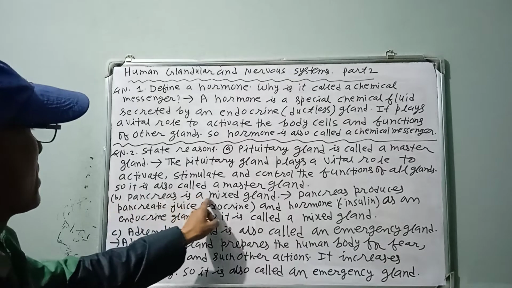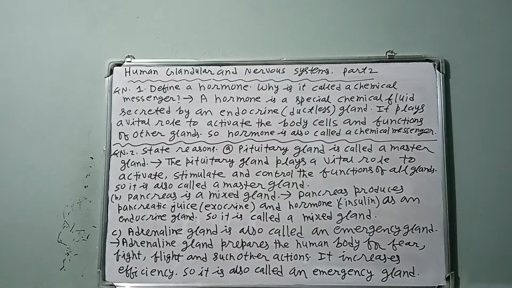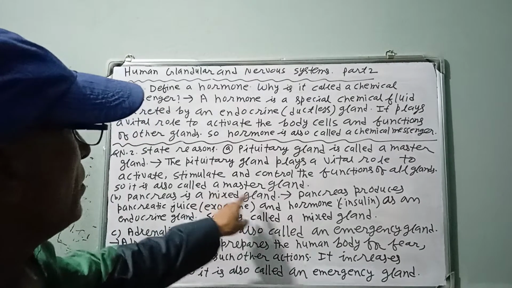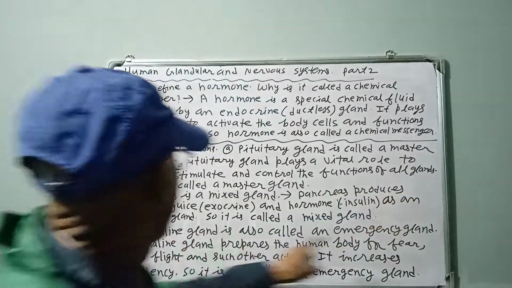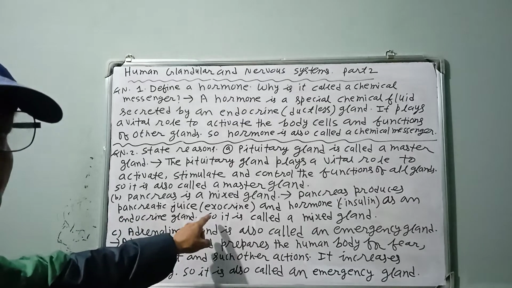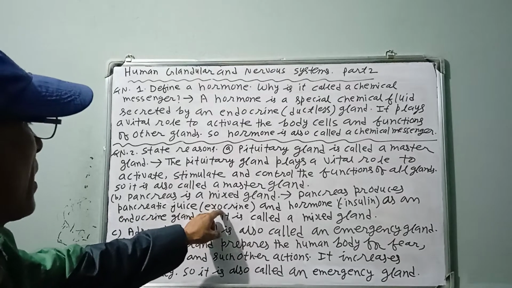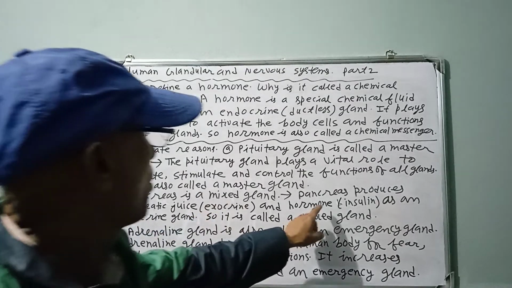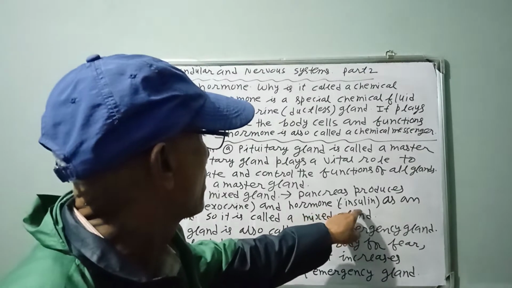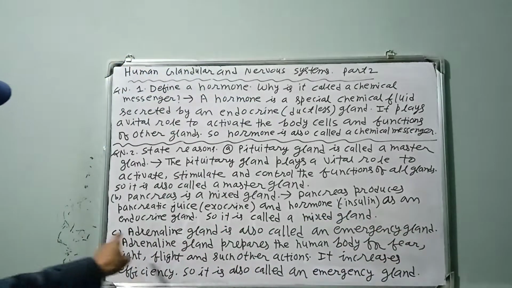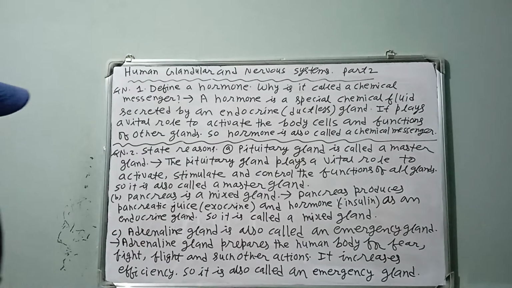Number B, pancreas is a mixed gland. Just by the word mixed, pancreas produces pancreatic juice, just like exocrine gland, and hormone or insulin, just like an endocrine gland.